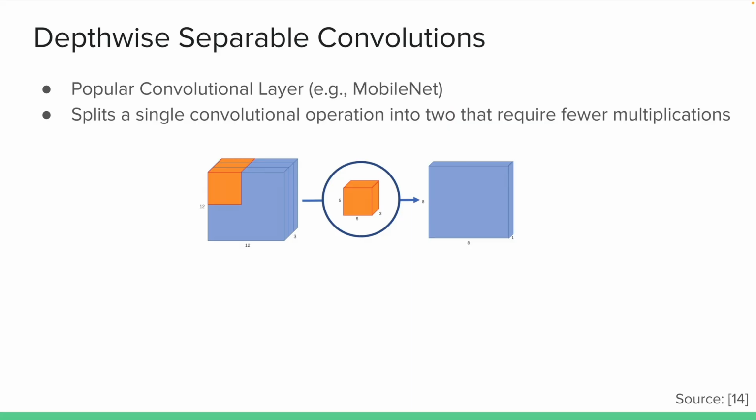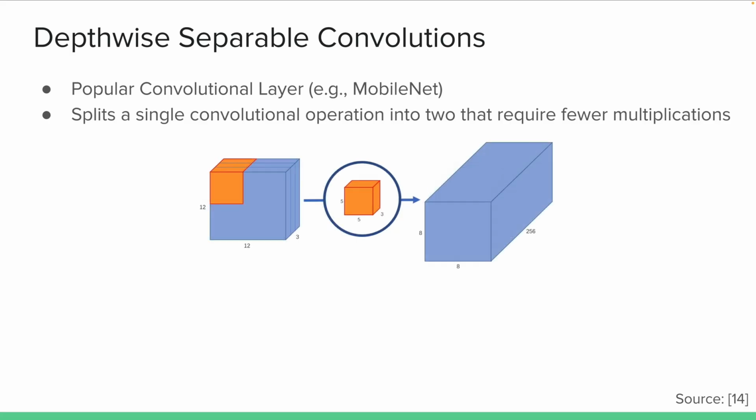Of course, often we want more than one output feature map. So we repeat this operation, say 256 times, to obtain our output volume, which would then be an 8 by 8 by, say, 256 channels output.